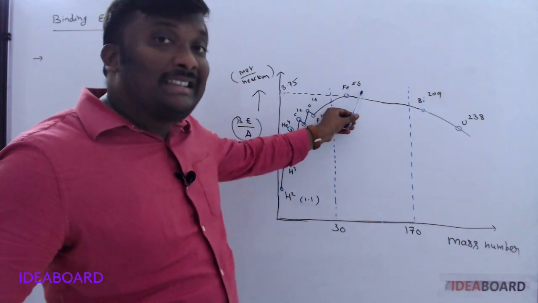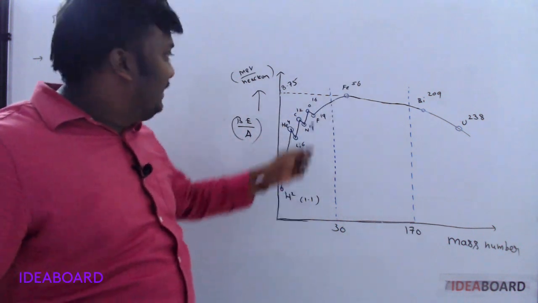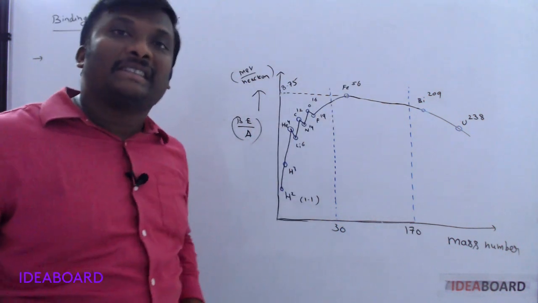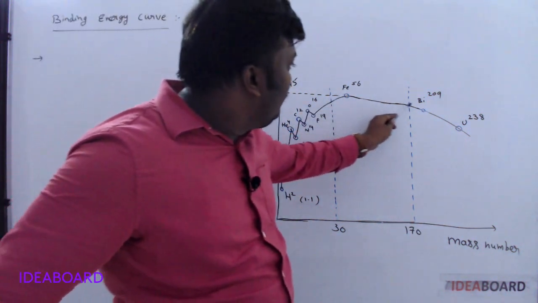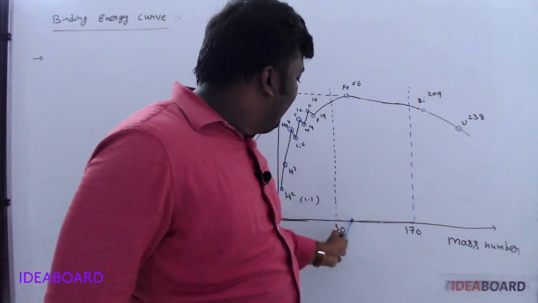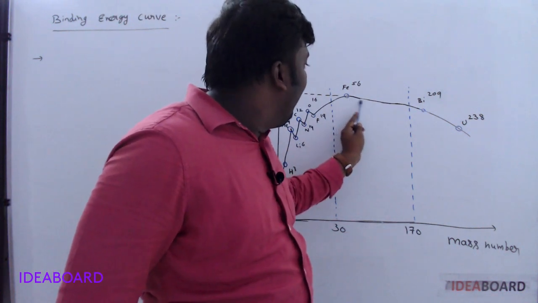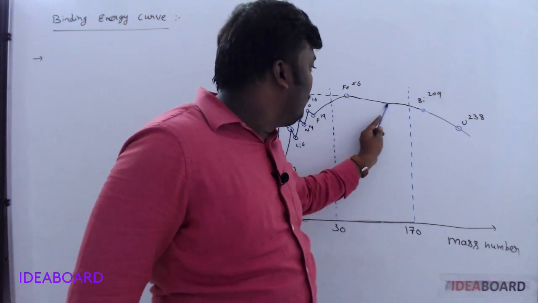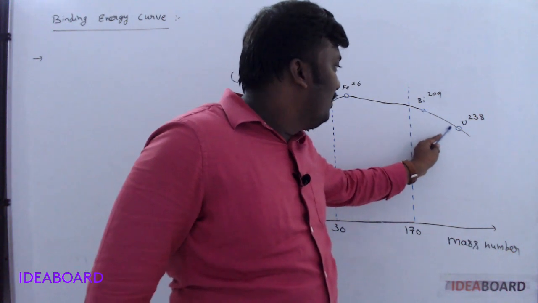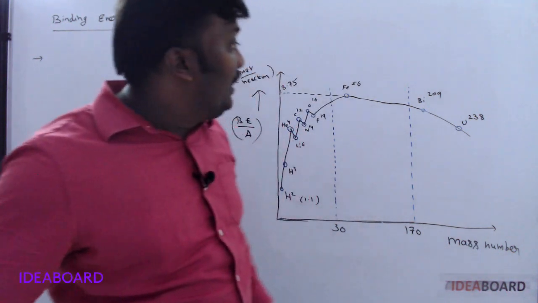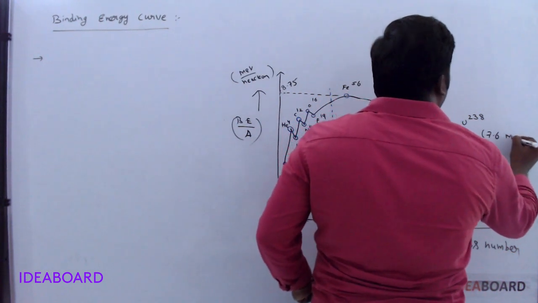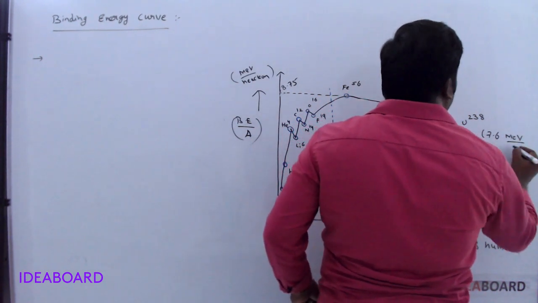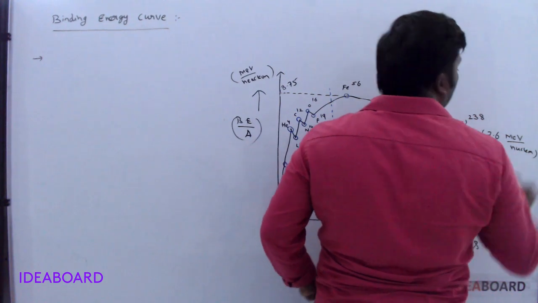So, iron 56 has the highest binding energy. The value of the binding energy is 8.75. Third one. After that, as the mass number increases, the binding energy falls again to lower values. For uranium 238, the binding energy value is 7.6 MeV per nucleon.